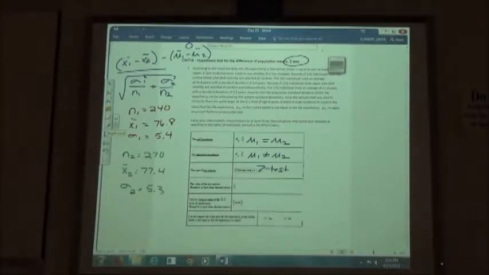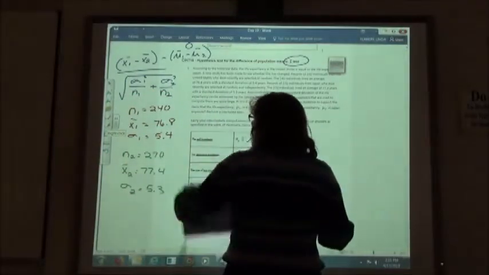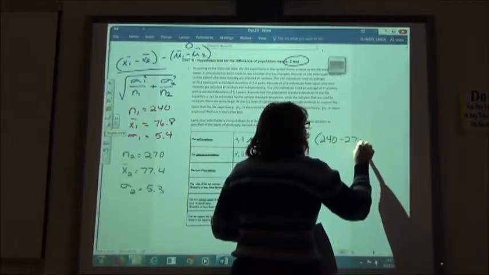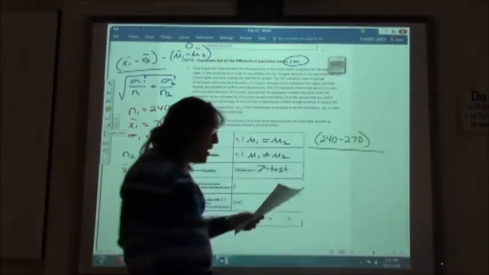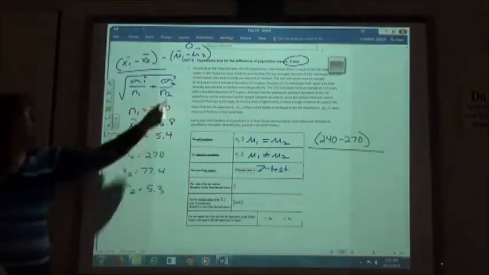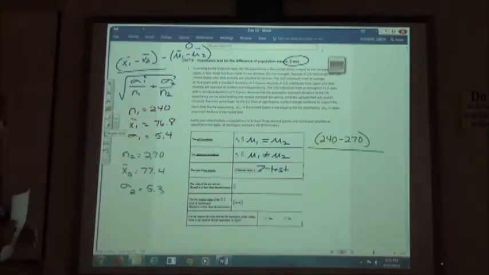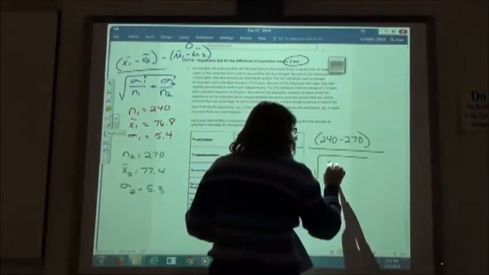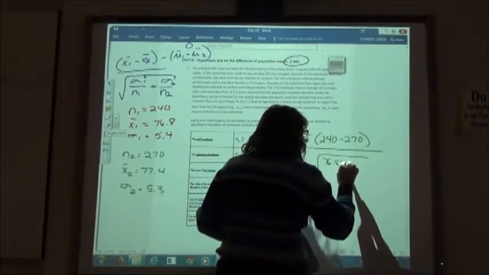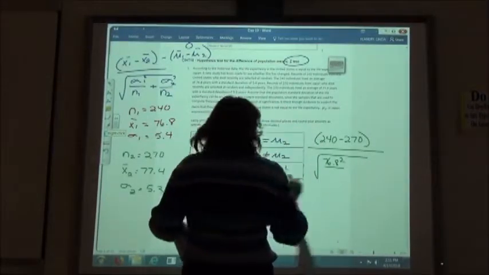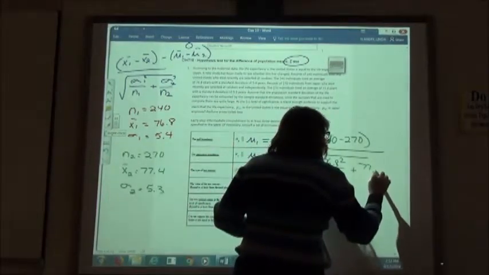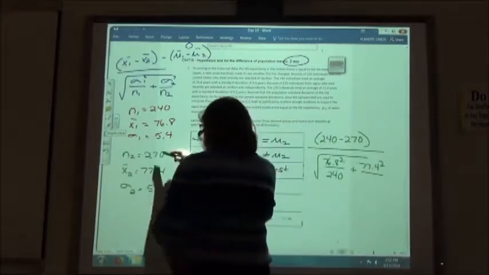All right, so plugging those into my formula. I am going to do 240 minus 270. That's going to be on top of my fraction. I can ignore this end part because I know it's going to be 0. Over the square root of 76.8 squared over 240 plus 77.4 squared over 270.